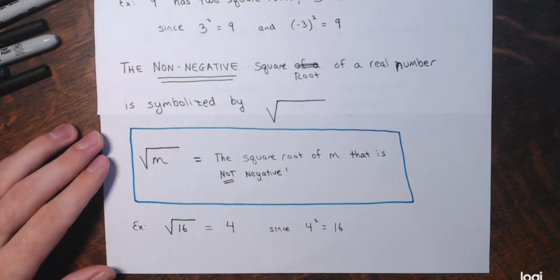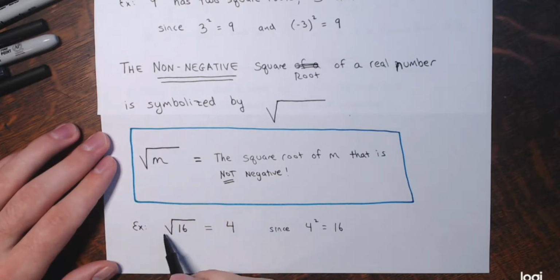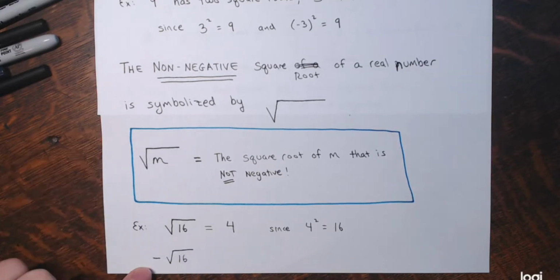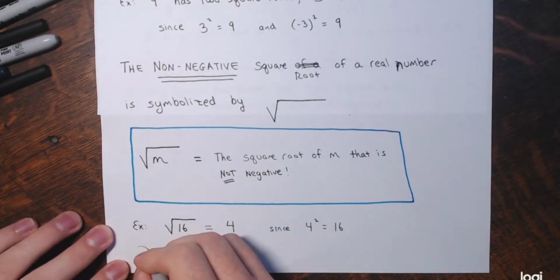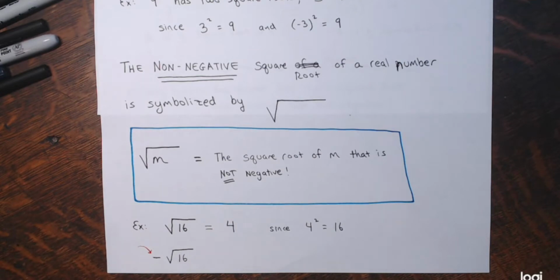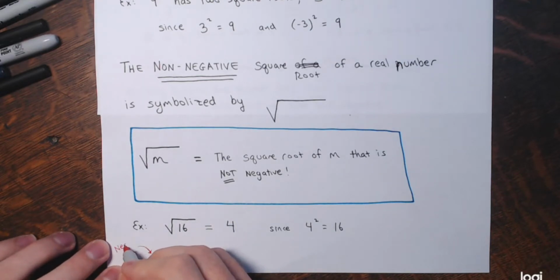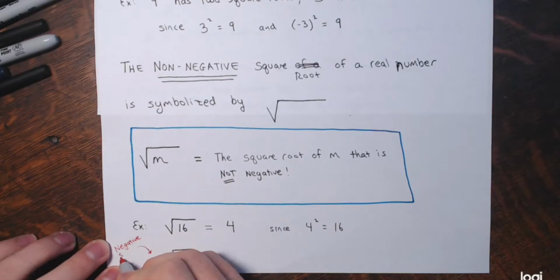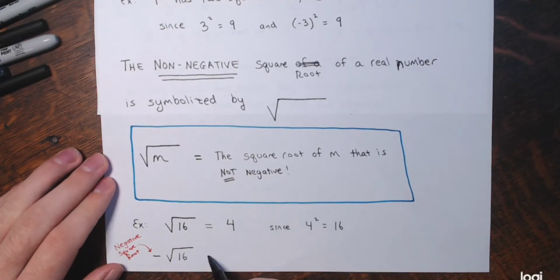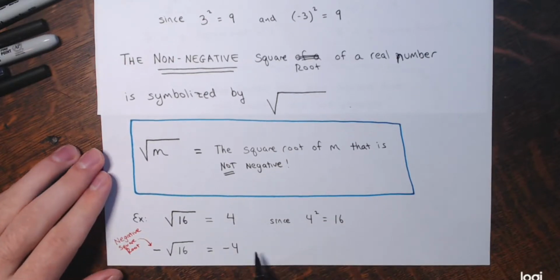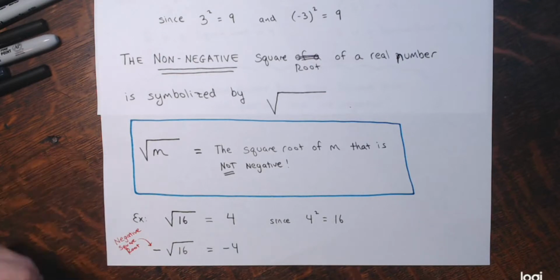Now, if they wanted the negative square root, they would just put a negative sign in front of it. Only if they have a minus sign in front of the square root, then they're asking for the negative square root. So the negative square root of 16 would be negative 4, because negative 4 to the second power is 16.